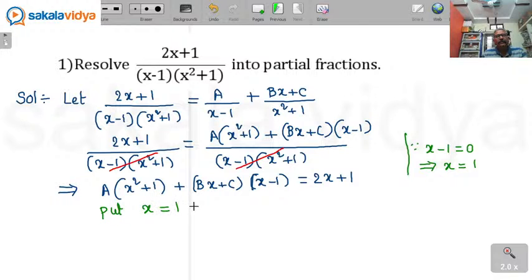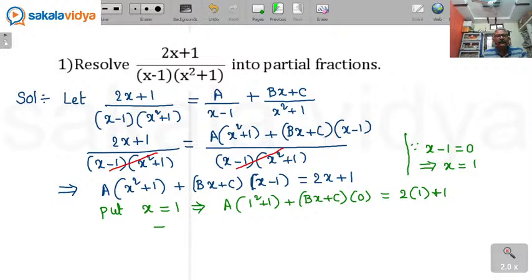Now put x is equal to 1 on both sides. The x minus 1 factor is going to be suppressed. So a times 1 square plus 1 plus (bx plus c) times (x minus 1) is 0. Now we get 2 times 1 plus 1.